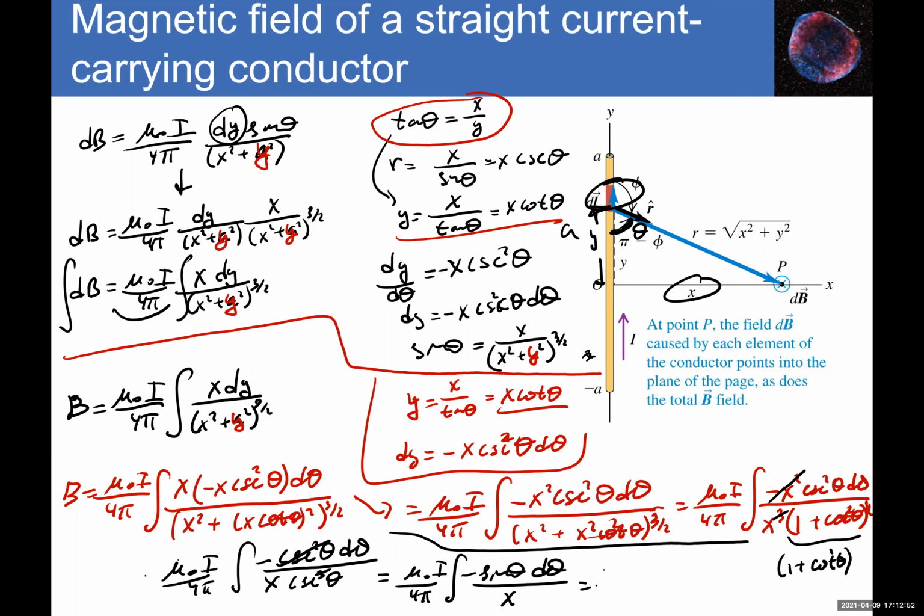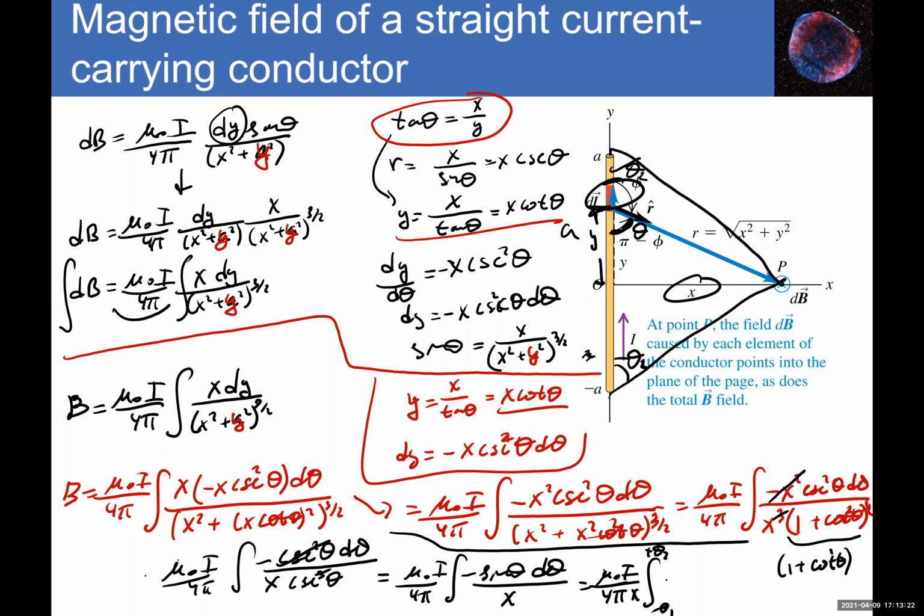So then it becomes mu naught I over 4 pi x, then integral going from negative a to a. Well, actually, since we're now doing it in terms of theta, it becomes negative theta 1 to plus theta 2, which is going from here all the way there. That means we are integrating the whole thing. So let's say this is negative theta 1. This is positive theta 2.